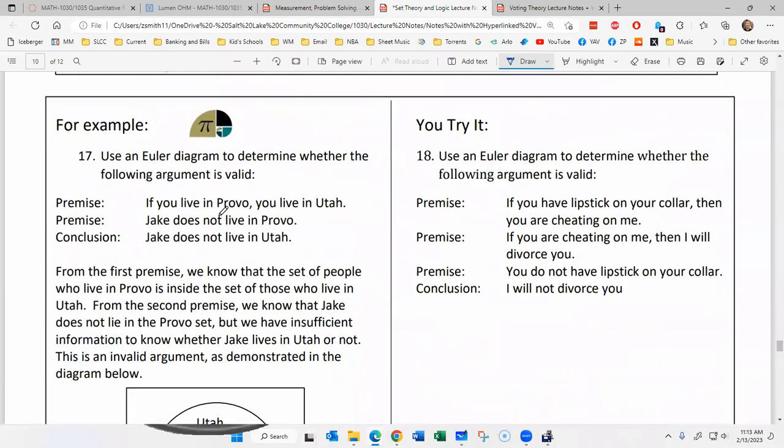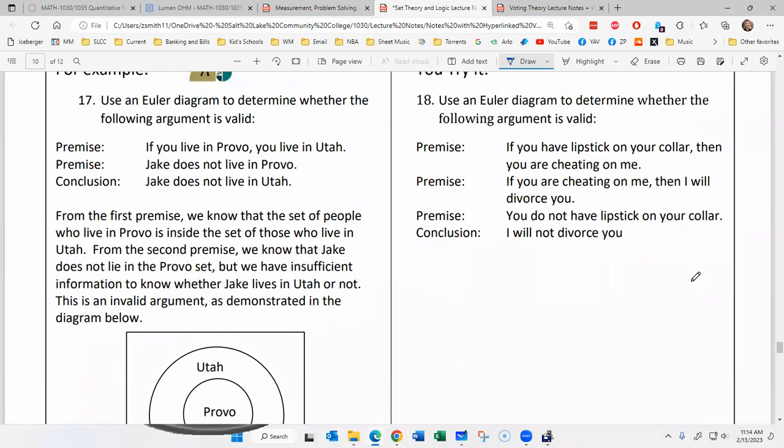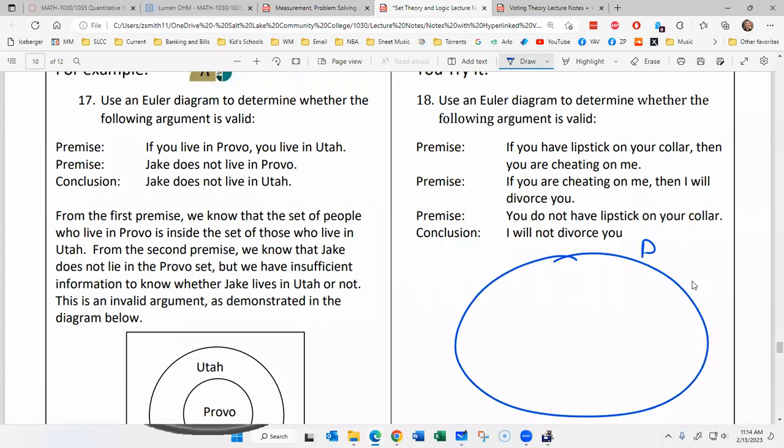Euler diagrams are interesting. If you have lipstick on your collar, then you are cheating on me. Premise: if you are cheating on me, then I will divorce you. So here we have the divorce circle, and that is inside the not divorce, like everything includes divorce and stay together and everything else.